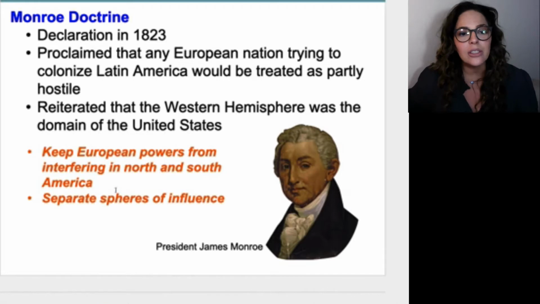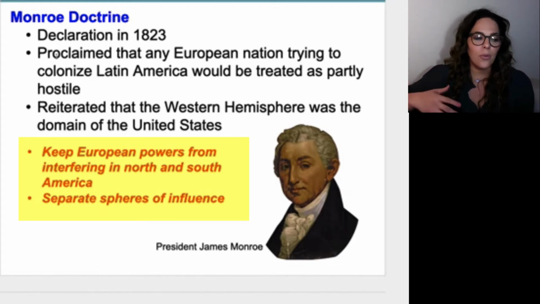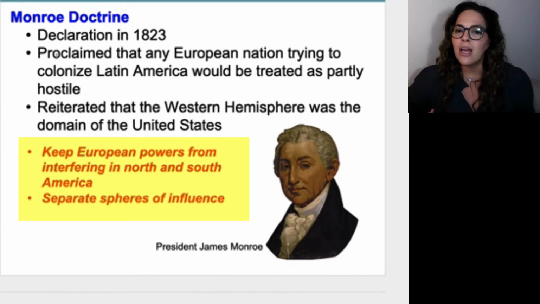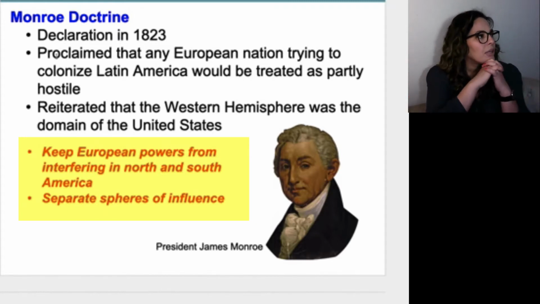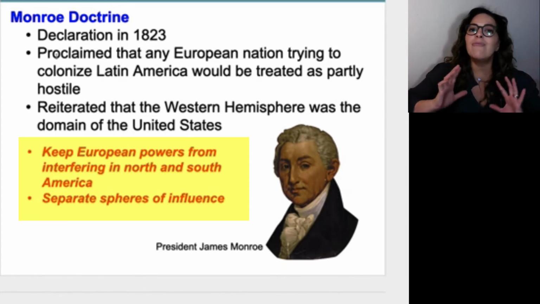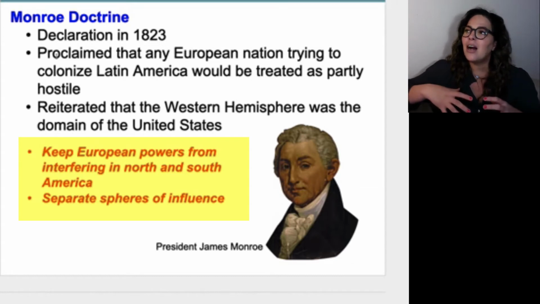Now, in addition to that, the Monroe Doctrine also proclaimed that any European nation trying to colonize Latin America would be treated as a hostile party. And so what that means is that we're reasserting that the Western Hemisphere is the domain of the United States, that this is our realm of influence, our sphere of influence.